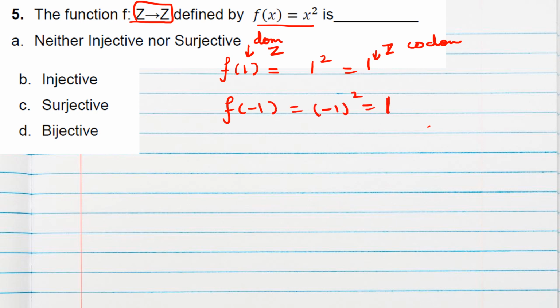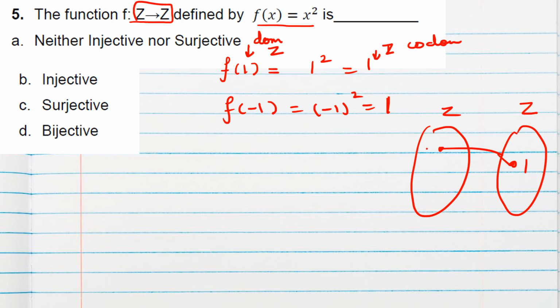So 1 is related to 1, and minus 1 is also related to 1. Both are giving the same answer. That means it cannot be injective. We are getting a many-one relation.